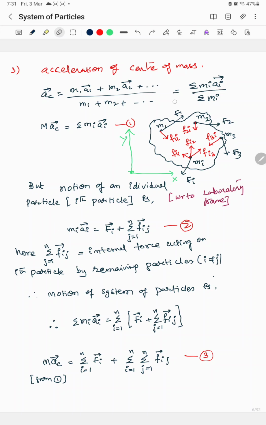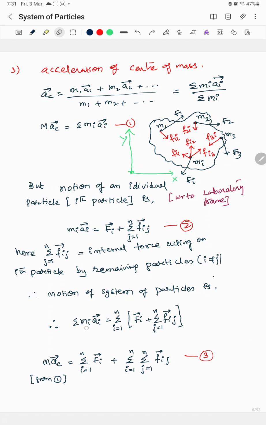If you want the motion of the system of all particles, just take summation on both sides. So summation mi ai bar, i equal to 1 to n. On the right side also summation i equal to 1 to n, and just expand the right-hand side.